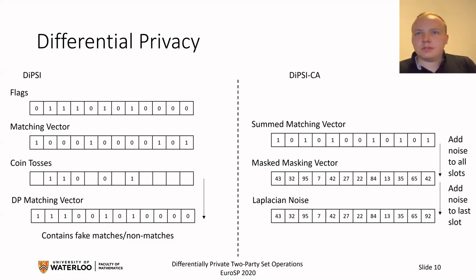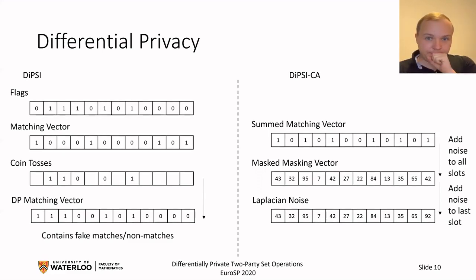For DIPSI-CA, the set cardinality, the process that we use for the differential privacy is slightly different because we use Laplacian noise. So here the client would decrypt the ciphertext, and in order to get the cardinality, just sum all the ones in the batch. The server wants to only respond with cardinality and not leak which elements matched.